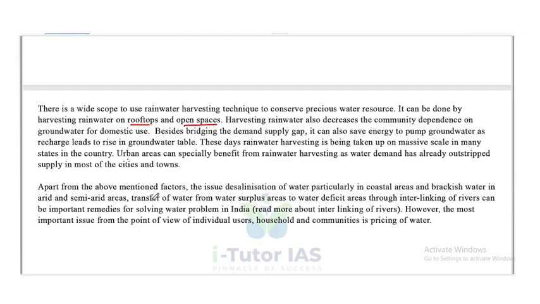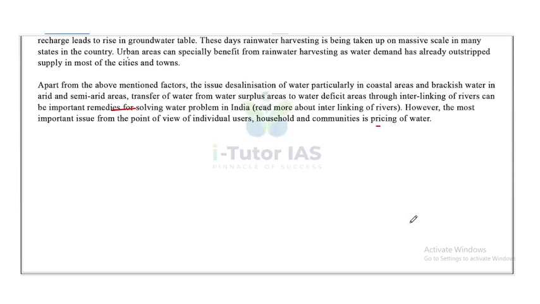So these are some of the methods to conserve water. However, the most important issue from the point of view of industrial uses, households and communities is pricing of water. So that's about the chapter.